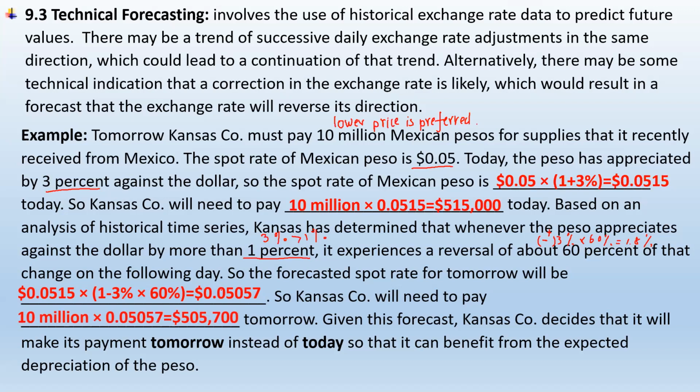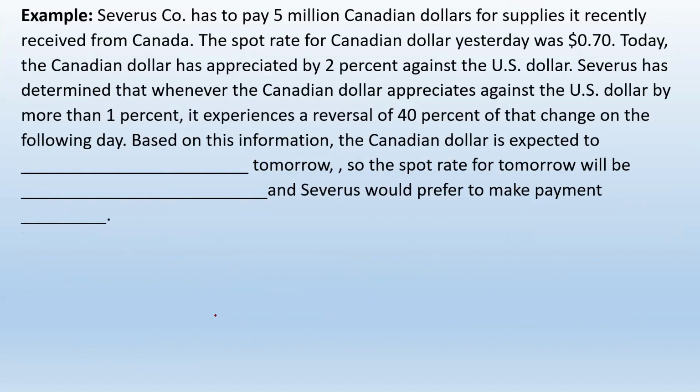So if this company pays tomorrow in Mexican pesos, the total cost in US dollars is about $505,700. So in this case, by comparing those two numbers, they find that paying tomorrow is more reasonable. So they save more cash.